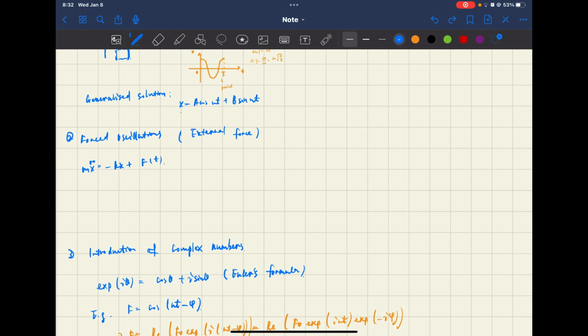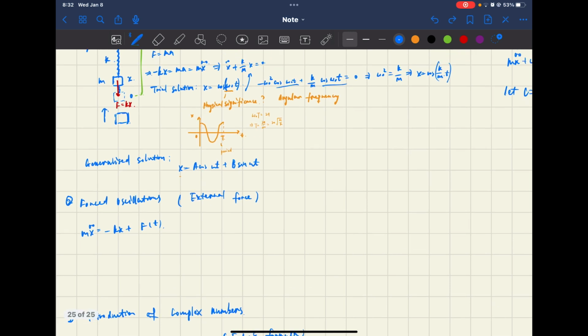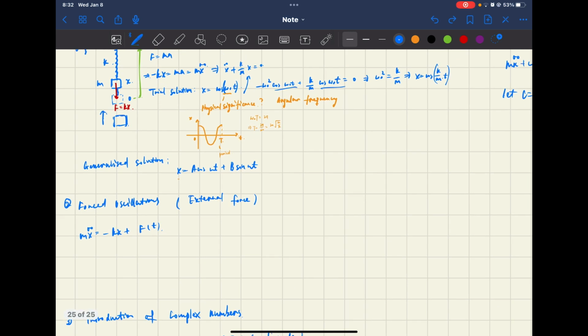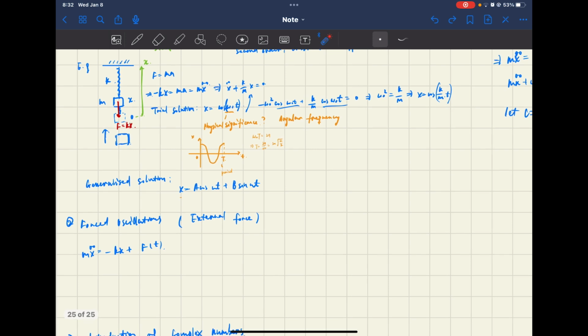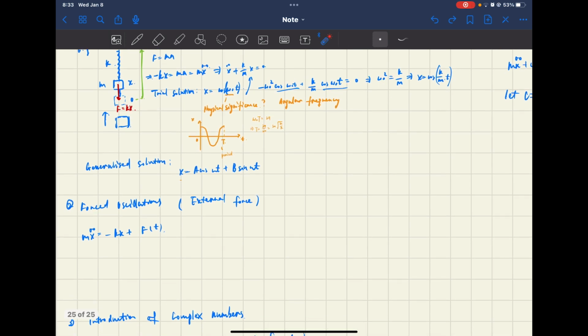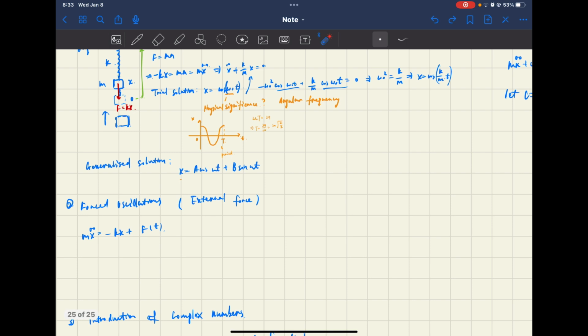So we slightly modify the equation. We add the external force term, which is F(t). The force is a function of time, because in a motion the magnitude of the force needs to change.